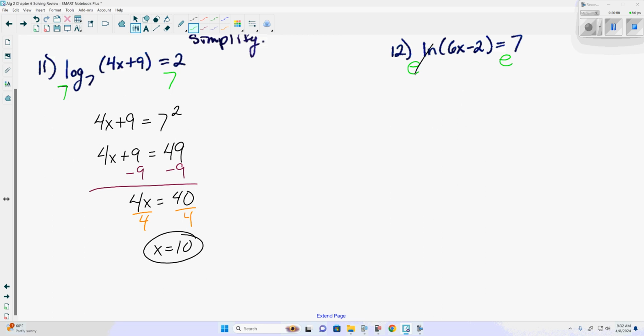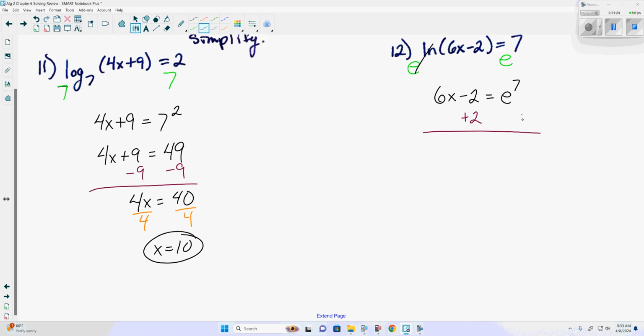E and our ln would cancel. Ln of 6x minus 2 is equal to e to the 7th. E is irrational. So no matter how many times we multiply it by itself, it's still going to be irrational. It's just not going to magically turn rational, no matter what we do. So, are we going to get a nice answer for this one? No. So that means we're going to leave it in exponential form.